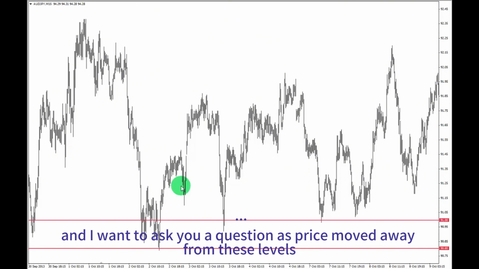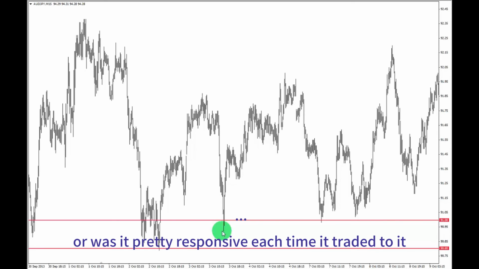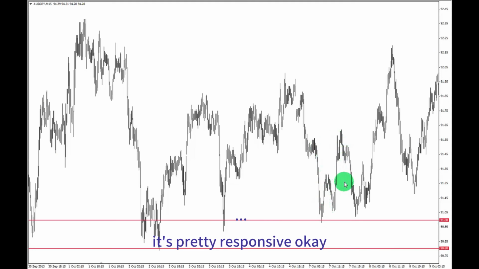And I want to ask you a question. As price moved away from these levels, was it slow and lethargic, or was it pretty responsive each time it traded to it? It's pretty responsive. Okay, so overall price is being accumulated at these particular price points.